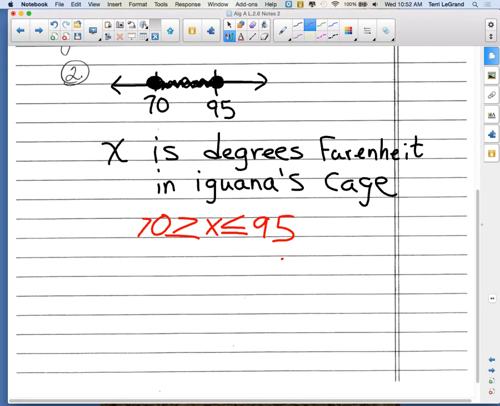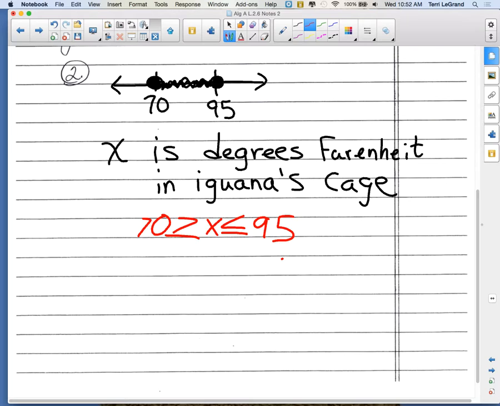Okay. How do you feel about Seth's compound inequality? It's supposed to have or after the 70, it's supposed to be less than or equal to X. It just has a sign switch. Did you accidentally just turn it around up here?